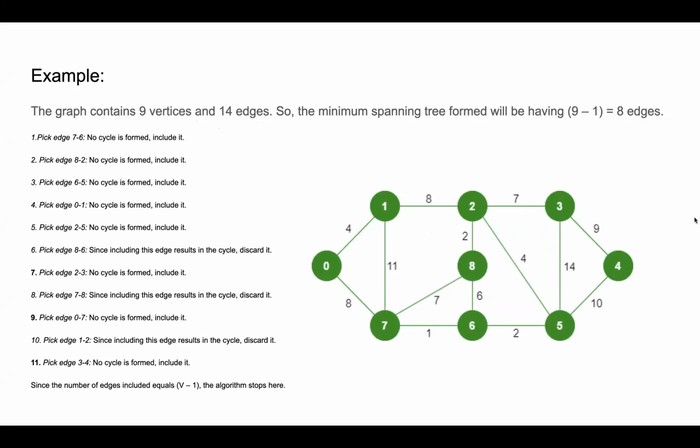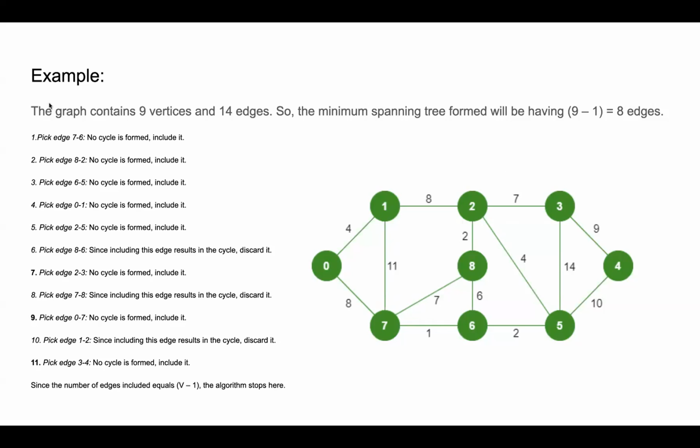So the minimum spanning tree formed will have 9 minus 1, which is equal to 8 edges. In a spanning tree, n minus 1 edges are needed. So 9 vertices are there, we need only 8 edges.